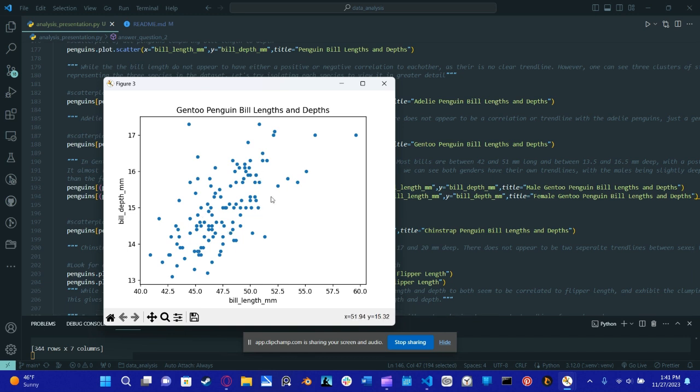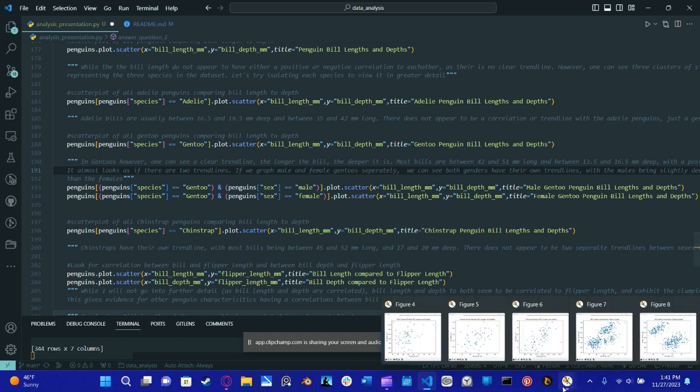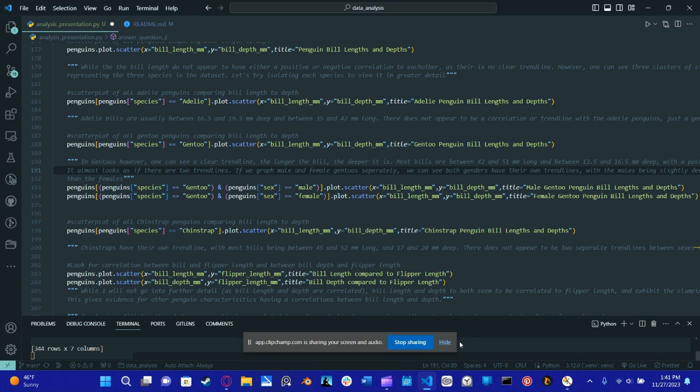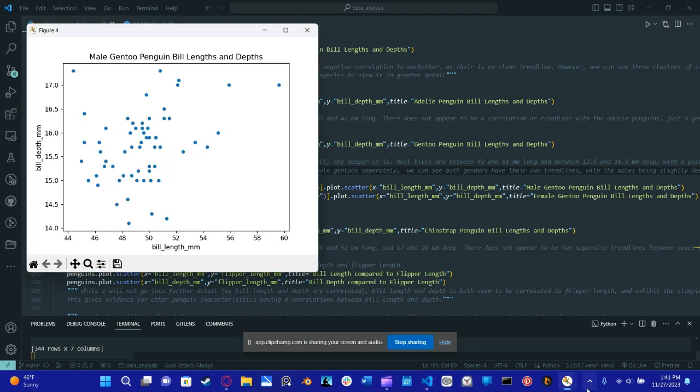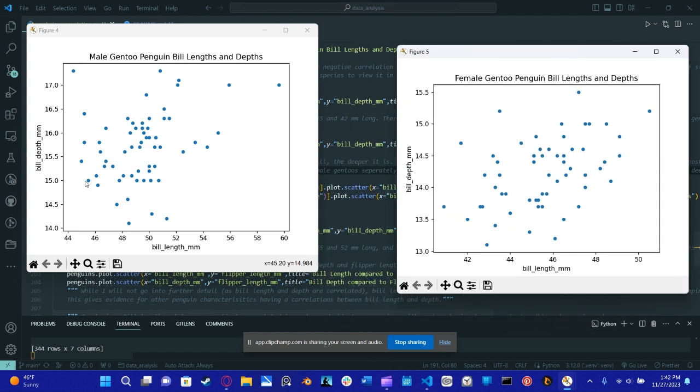Interestingly, there almost appear to be two trend lines, one here and one here, with bill lengths coming out to a bit longer than depths on this lower one. If we graph the male and female Gentoo separately, we can see both genders have their own trend lines, with the males being a bit higher or deeper than the females.